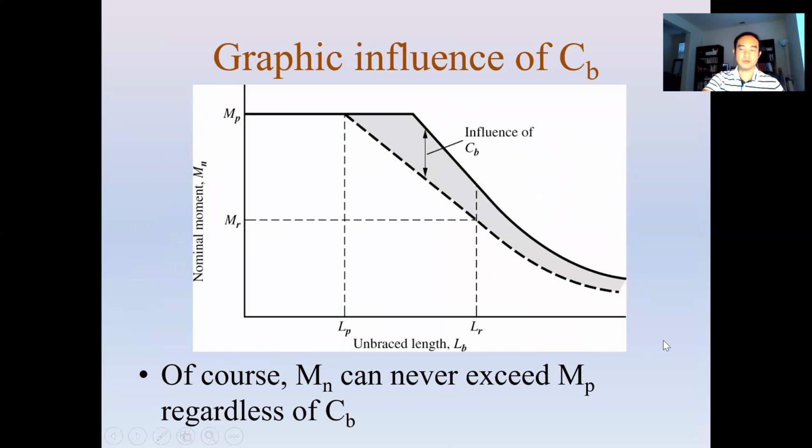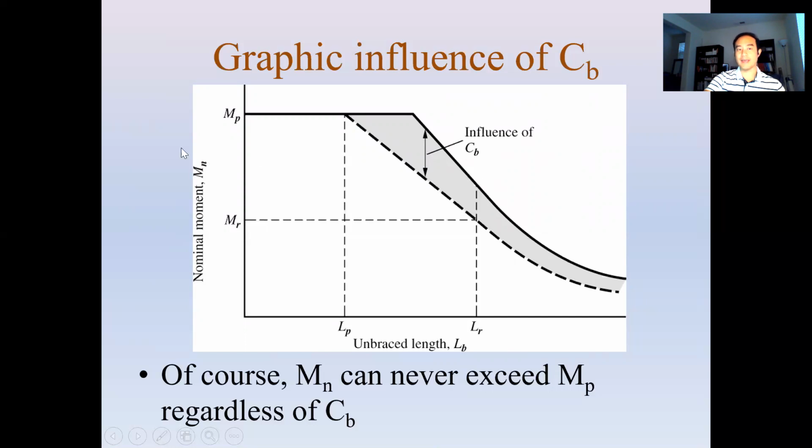This chart shows us the influence of C sub B. Earlier, when I derived the equation, I initially ignored the C sub B value, and that is this dotted line. But when we include the C sub B value, it increases the nominal moment, which is good for us, right?